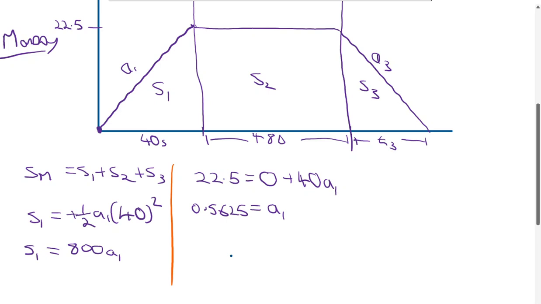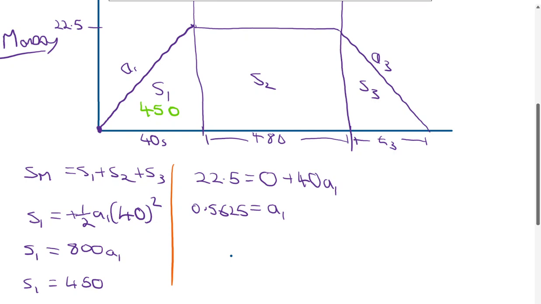Well, not nice, but then multiply that by 800 and that gets us 450, which is definitely nice. So S1 is 450, which means that weird 0.5625 is quite likely perfectly correct. So this S1 is 450, and I'll just write that in on the diagram, 450.